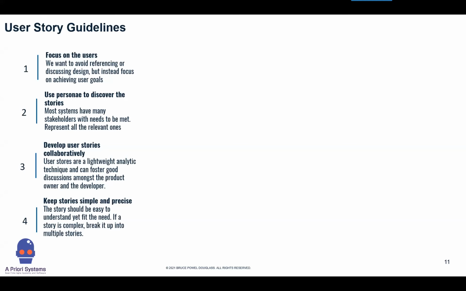What I tend to do is, if it's complex, I might break it up into multiple stories, or I might go to scenarios, because scenarios using sequence diagrams are easier for capturing more complex interactions. So if it's simple, user stories are great. If it's a bit more complex, user stories begin to fail. I might want to move to an interaction explicitly with sequence diagrams and scenarios in that case.